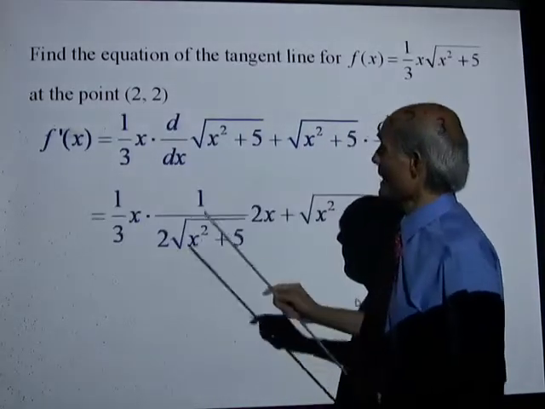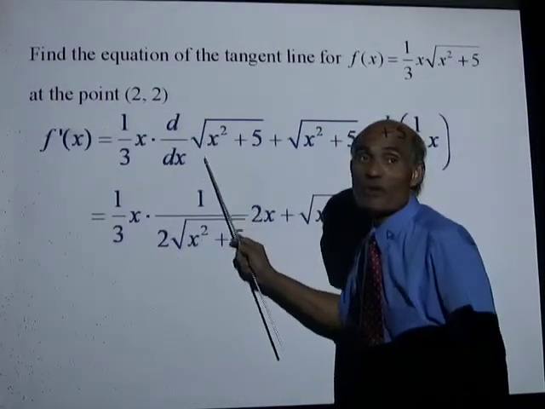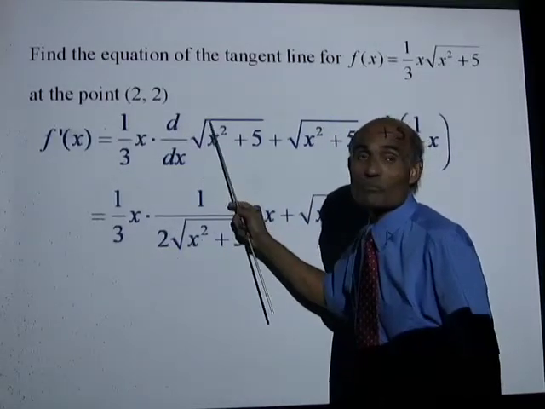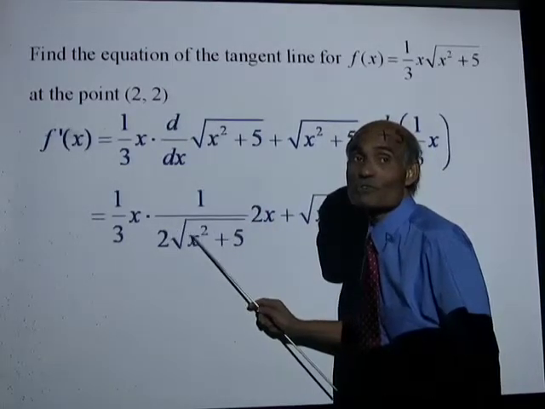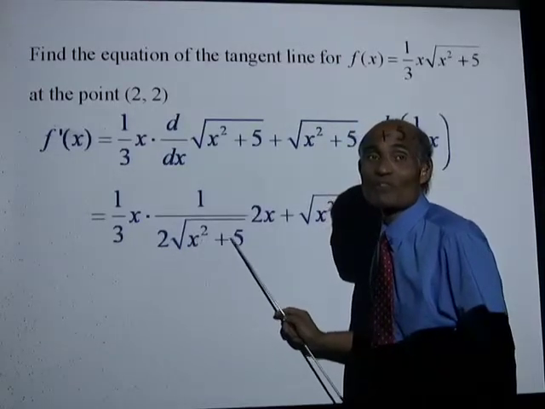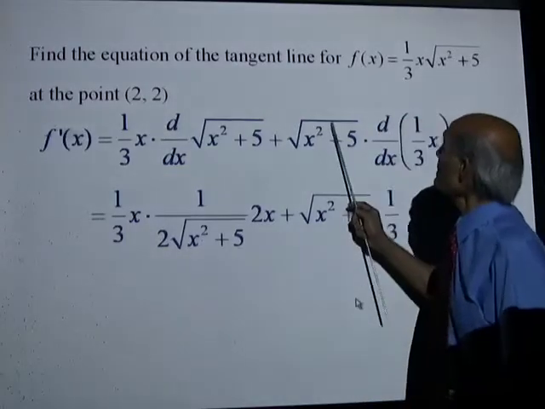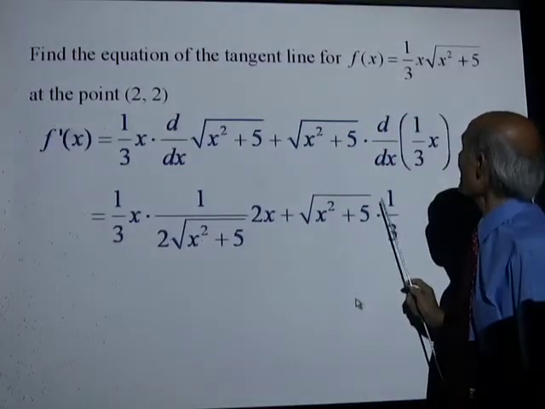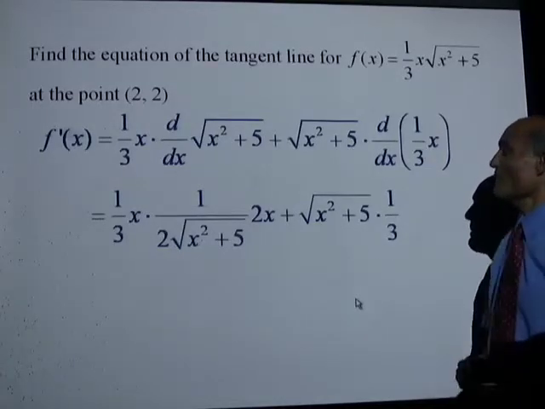All right, let's write that down. It'll be 1/3 x times the derivative of square root of x squared plus 5, which is 1/2 square root of x squared plus 5 times the derivative of x squared plus 5, which is 2x, plus square root of x squared plus 5 times the derivative of 1/3 x, which is 1/3.